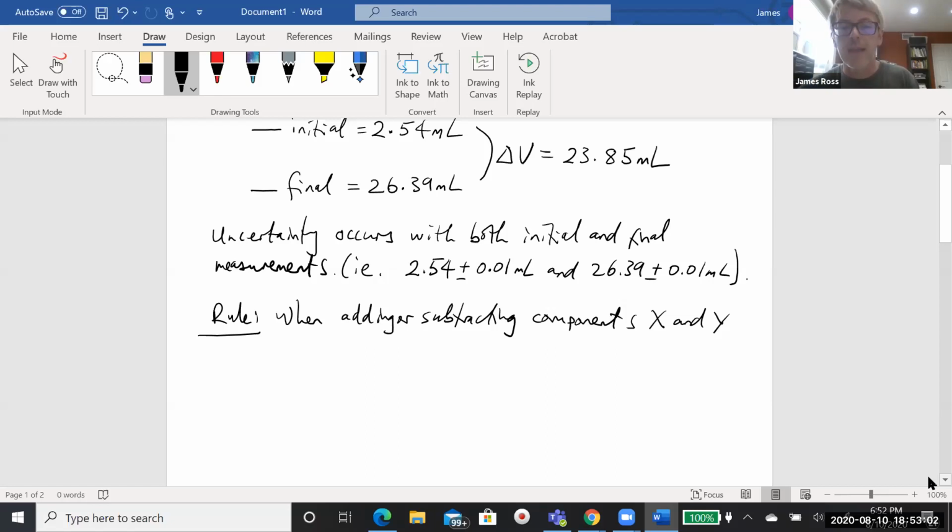So when adding or subtracting components X and Y, the combined uncertainty is the change in X squared plus the change in Y squared, and then we have to square root the whole thing.